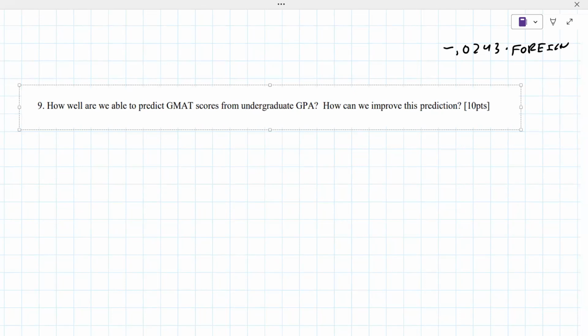How can we improve this prediction? This again leans towards some sort of regression. This one's saying just from GPA though, GMAT just from GPA. And table 10 has just that.